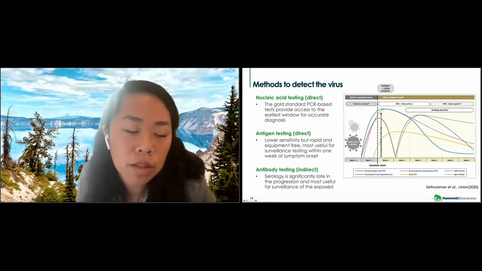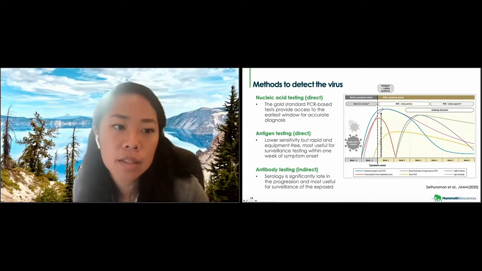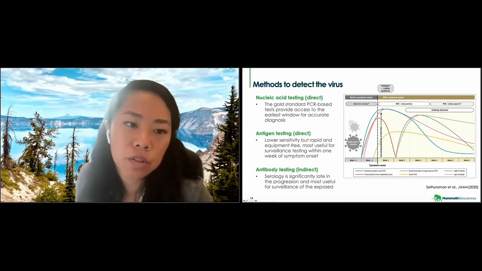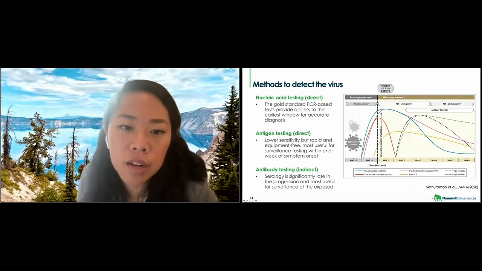At the moment, the gold standard PCR-based tests provide the earliest window for accurate diagnosis, and you can see that the range of time at which this test is most effective is in the first couple weeks of infection, and potentially in asymptomatic patients before symptoms arise.